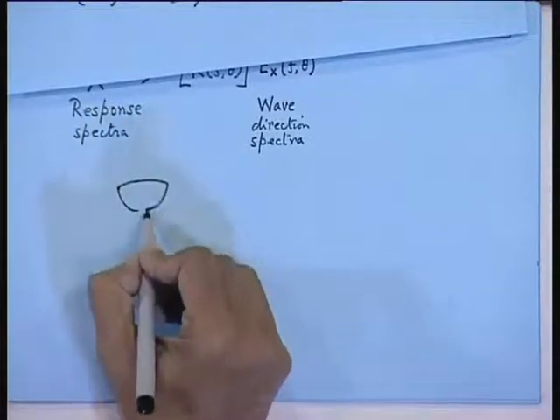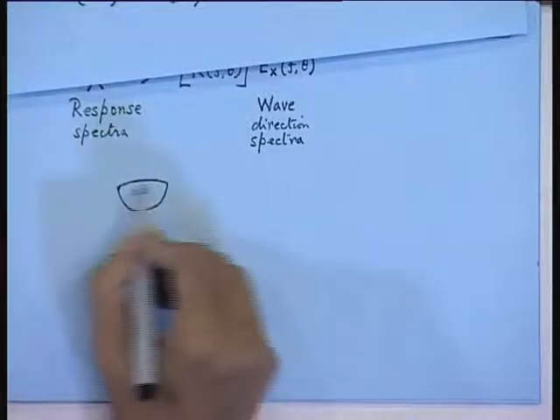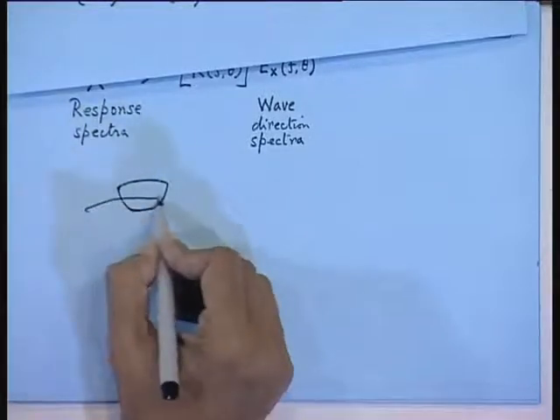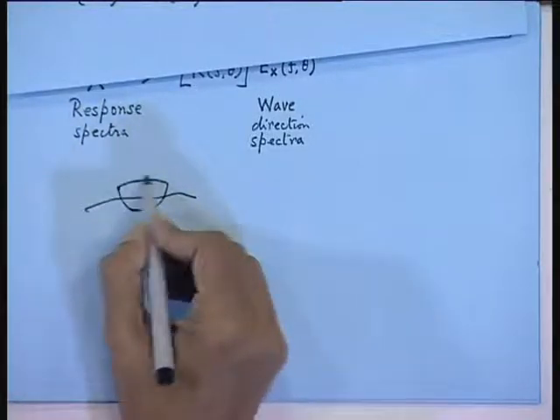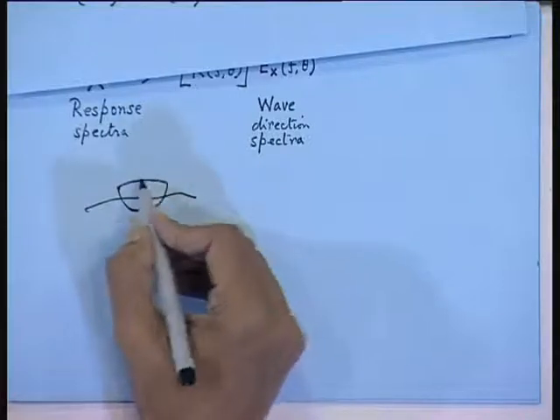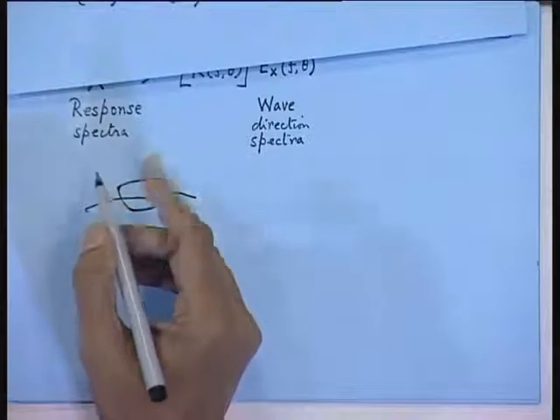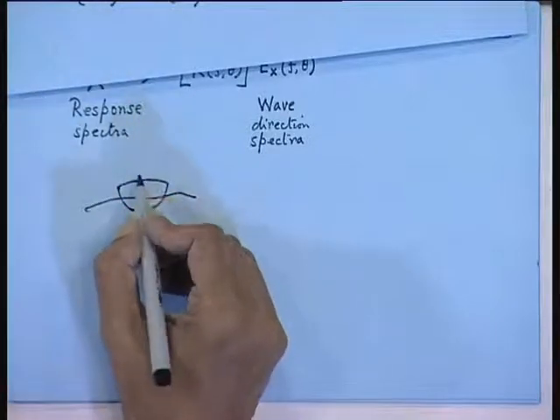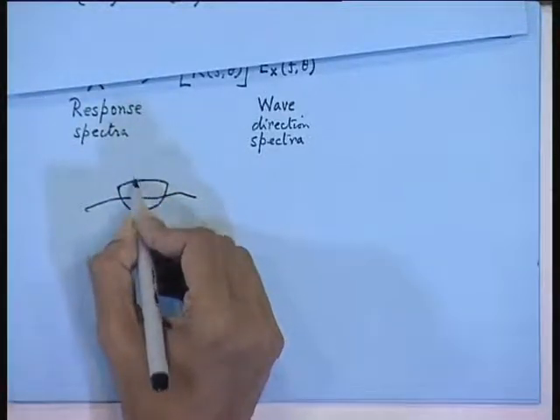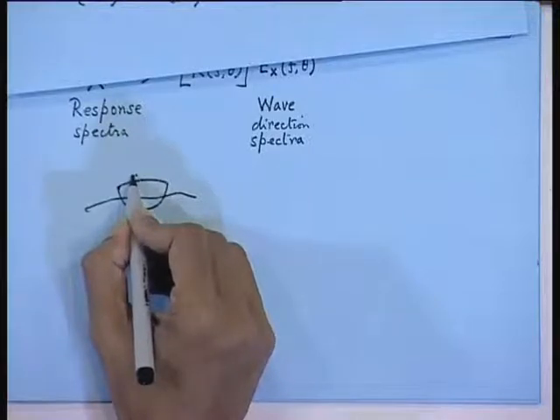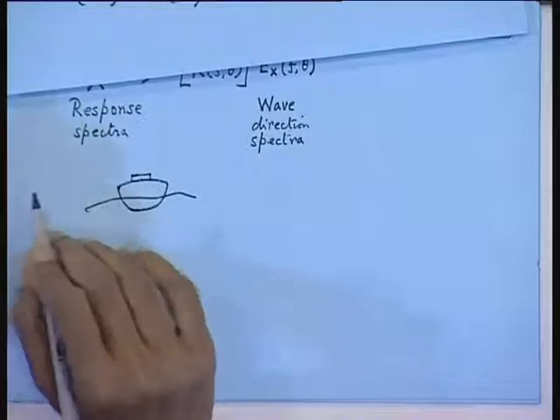So, you measure the response of the ship, you make a model. Say this is your wave, you put a motion measuring instrument, that is LVDT. You can now measure heave by an instrument called LVDT mounted on the ship. You can measure that.